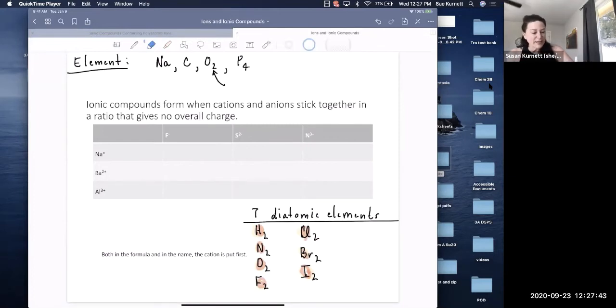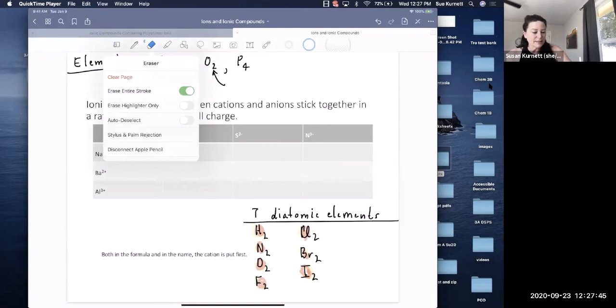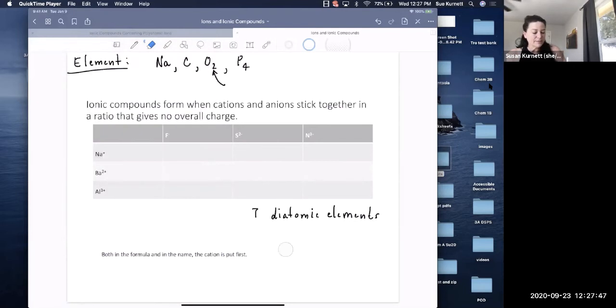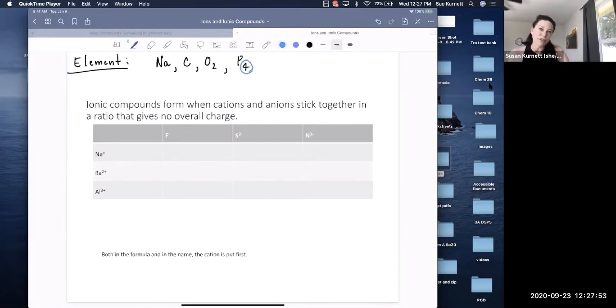There are 3 elements in our class that exist in groups of more than 1 or 2. So they're not monatomic or diatomic, they're polyatomic. And in our class, they are phosphorus, ozone, and sulfur.